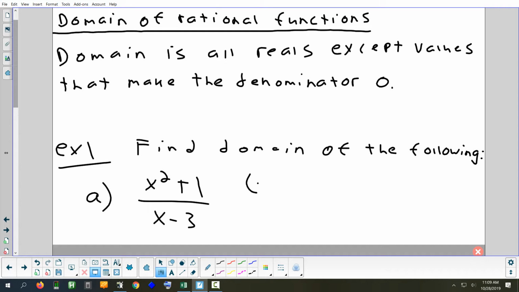Negative infinity to 3, not including 3, or 3 to infinity, not including 3. Perfect. That means all real numbers except 3. Any questions on how we found the domain?